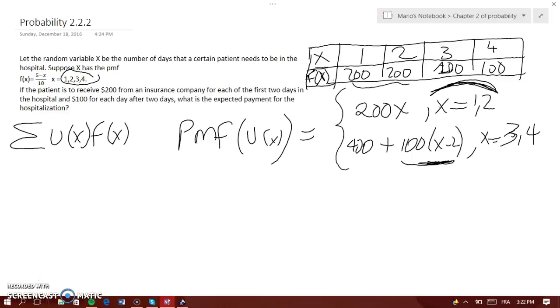So now, how do we find this expected value? We know that the expected value is the sum of u of x times f of x.